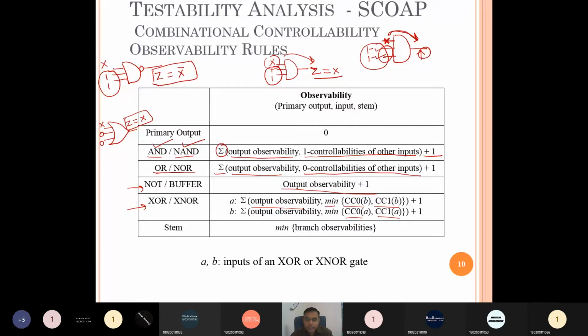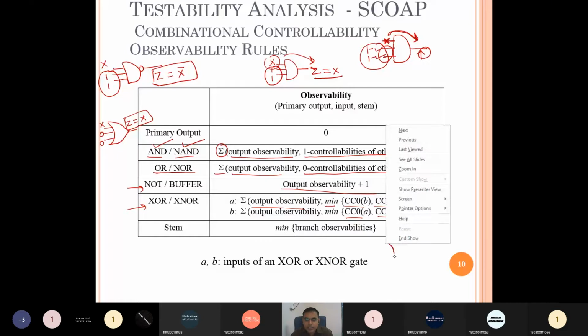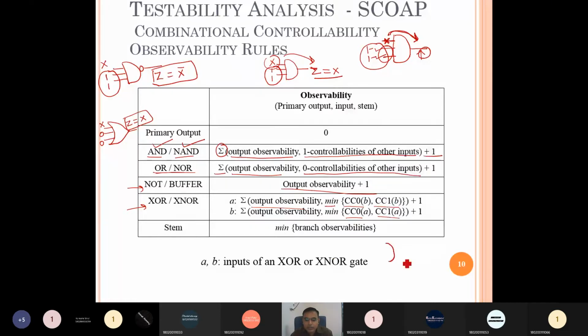So if we are finding the observability, suppose I have this XOR gate which has two inputs A and B, and suppose I want to calculate the observability of this input A. So the observability of this input is whatever the observability of Z is, plus the minimum of either we set B as a 0 or B as a 1.